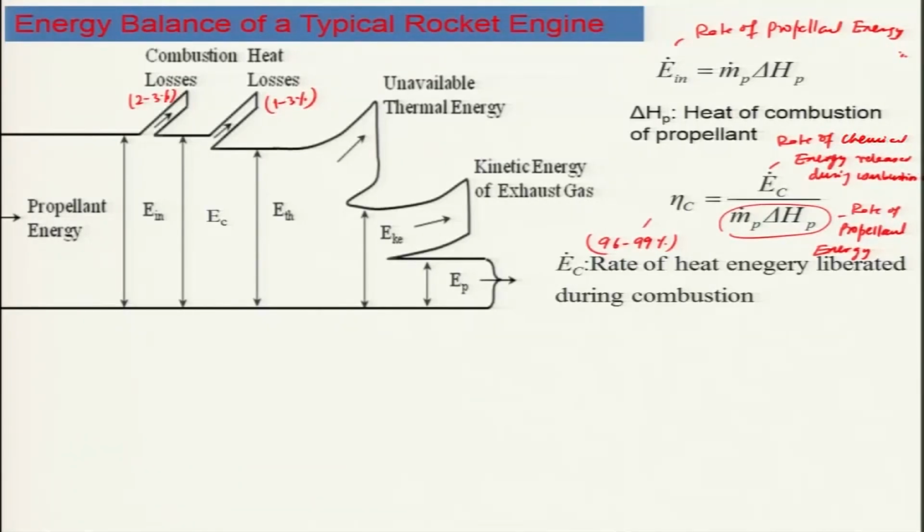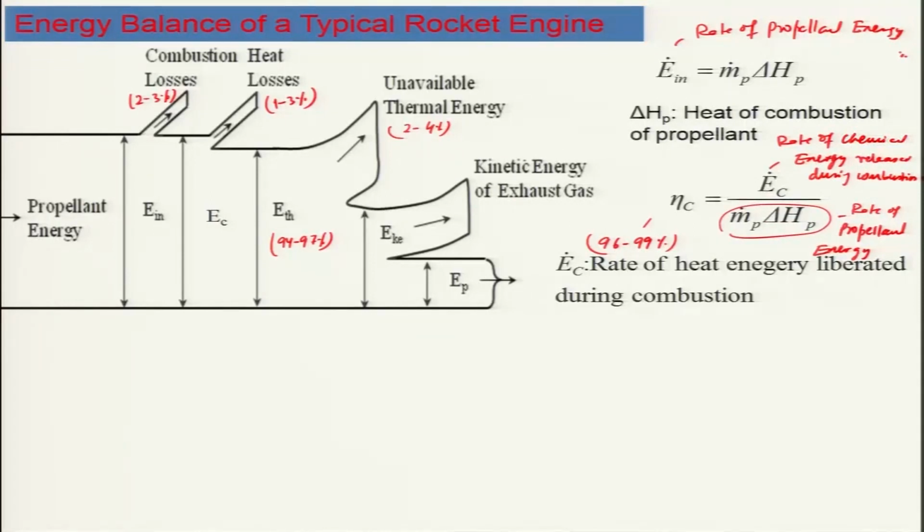So the thermal energy available at the inlet of the nozzle will be around 94 to 97% of the energy. A lot of the thermal energy also will not be converted into kinetic energy; maybe 2 to 4% of the thermal energy will be unavailable for being converted into kinetic energy.